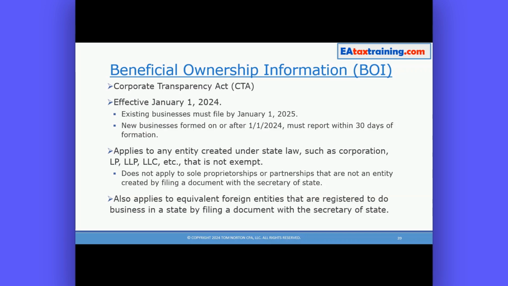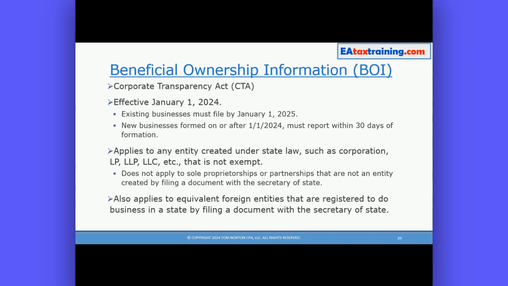Or if you've got a partnership that has never gone to the state and filed an LLP or a LP or LLC, then you do not have to worry about this. But if you have filed one of those entity types and you're not otherwise exempt, then you must do this reporting. And there is a list of exemptions, and you can find that on the FinCEN website.